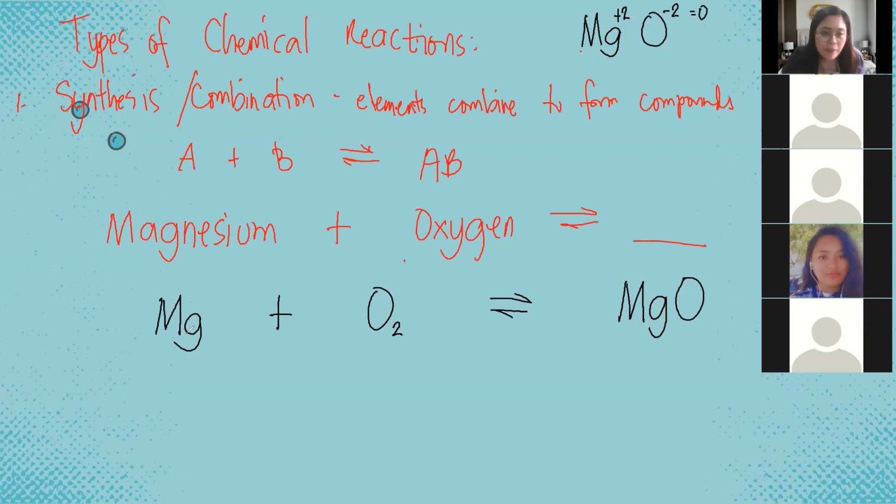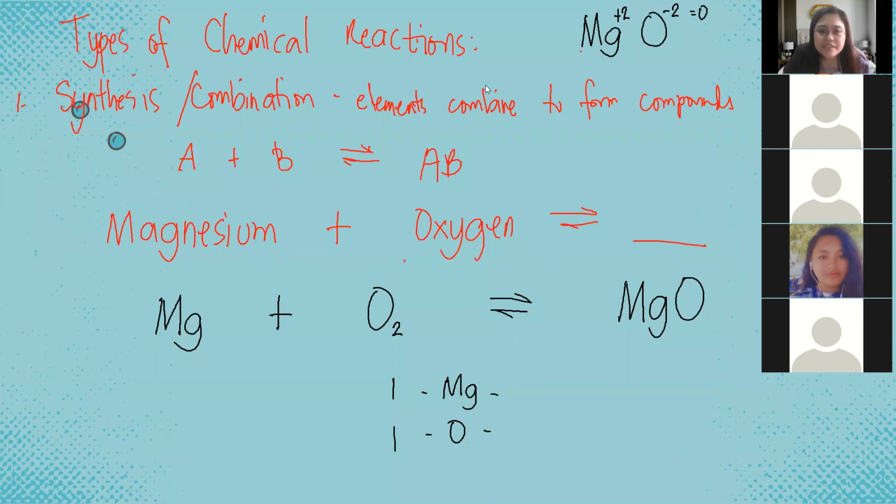So pag mag-combine daw tag magnesium ug oxygen, we will get the compound magnesium oxide. Pero this is not yet done kasi we have to make sure that the equation is balanced. So we have magnesium and oxygen here. If we look at the original, we have 1 molecule of magnesium, 2 molecules.